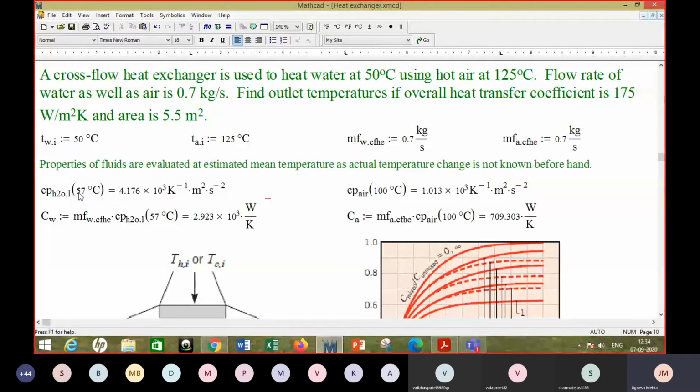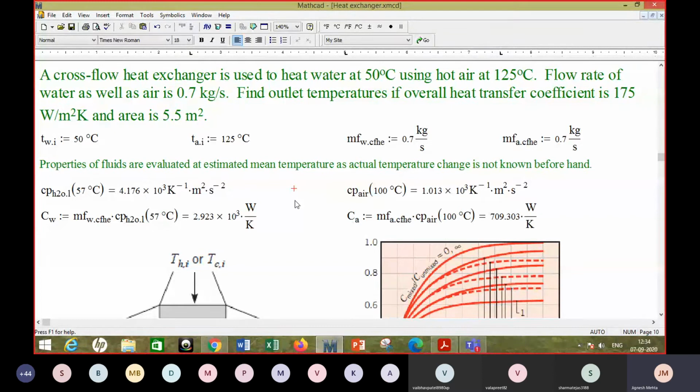You can even go with 50 degrees. It may not actually make much difference in the final answer. Even if it makes a difference for you when you solve it in an exam, you need not get the perfect answer. The only thing expected is that you know the procedure. So you may even put 50. That is not an issue.